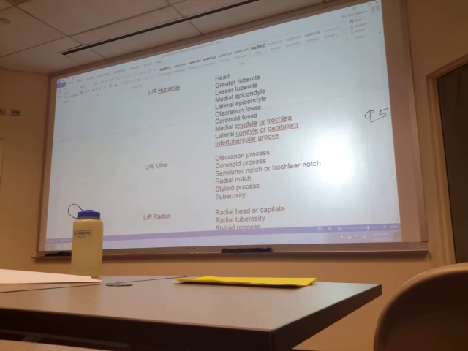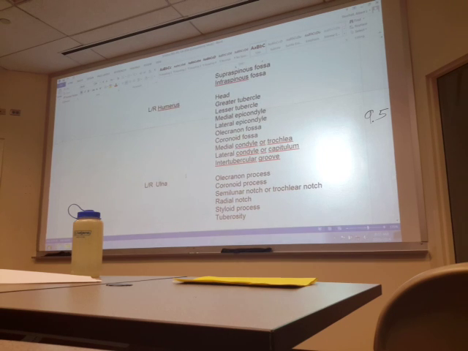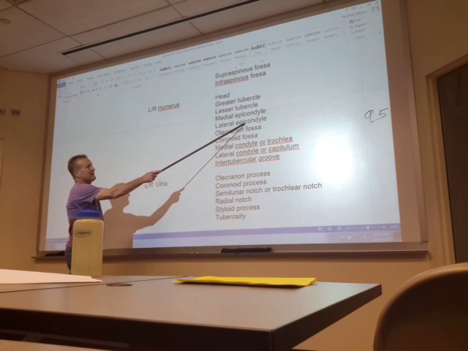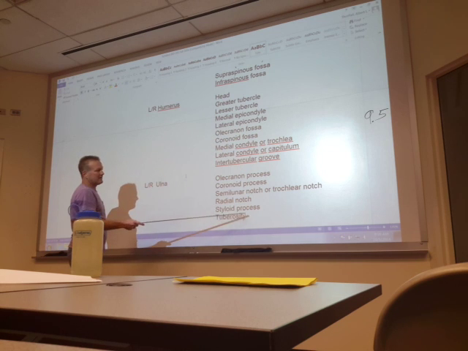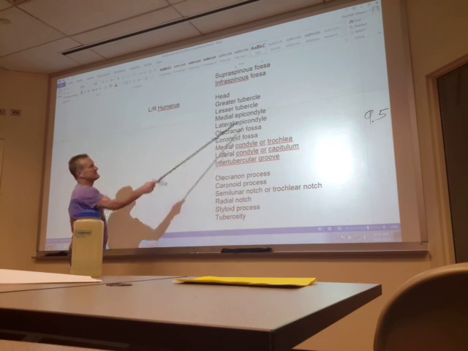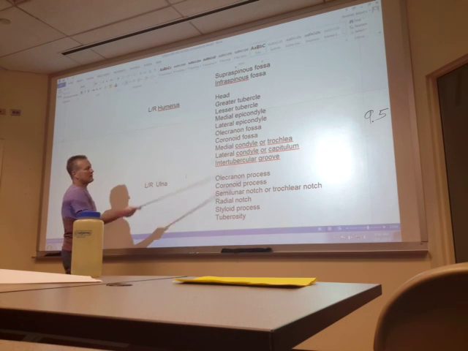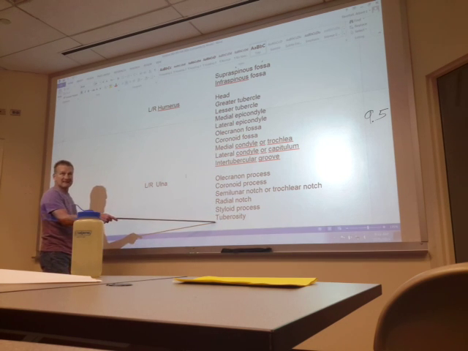So the point of Roman numeral 5 is just to give you some examples and tell you, for example, what is an epicondyle? What's the difference between an epicondyle and a condyle? What is a foramen? How come we use the word process so frequently? What's the difference between a tubercle, a trochanter, and a tuberosity?